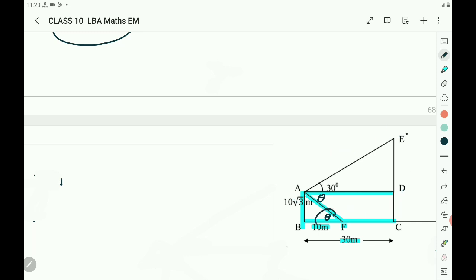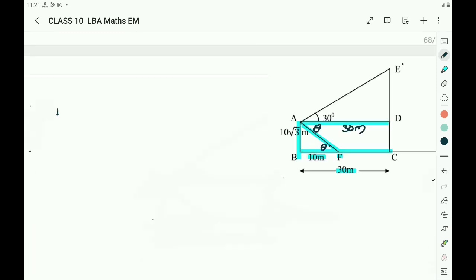To find theta, we have to use the right angle triangle ABF. And what is the measurement of AD? AD is equals to BC. So, this is 30 meter. Now, when you write height of the lighthouse equals AB equals 10√3 meter.